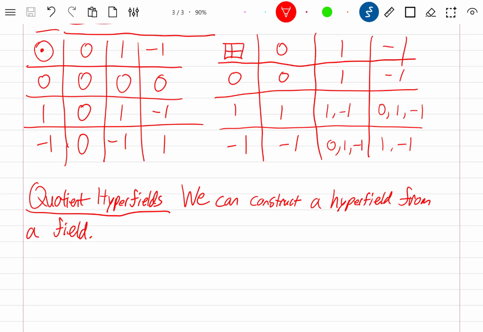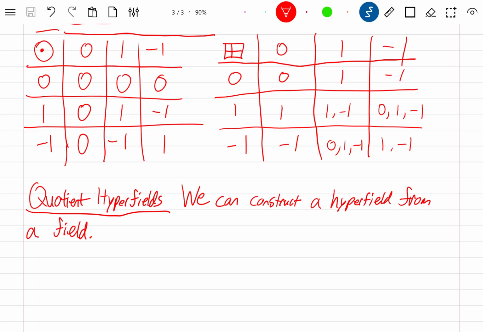And I believe Matt Baker had this conjecture that the majority of all hyperfields are non-quotient hyperfields. So if you look at the density, the number of quotient hyperfields of a given order to all hyperfields of a given order, that goes to 0 in the limit. That is still an open question, though.